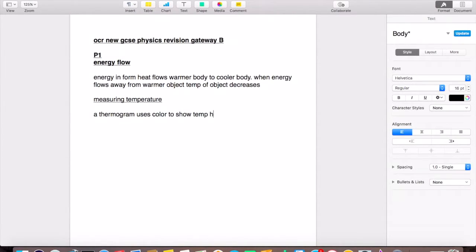Hottest areas are white or yellow. Coldest are black, dark blue or purple.